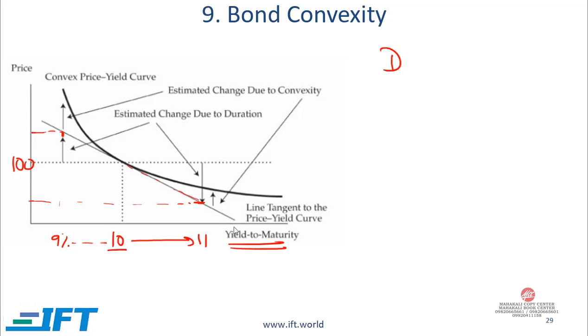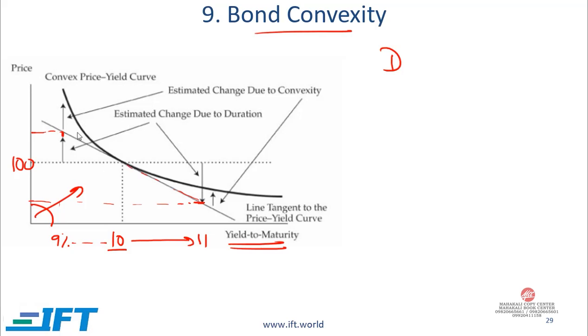But the actual price-yield relationship is not linear, it is convex. When you look at the curve from the origin, it makes a convex shape, and the degree of this curvature is called convexity. So in this section, we are going to talk about bond convexity.